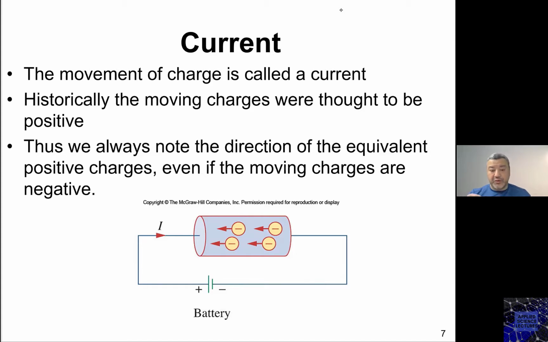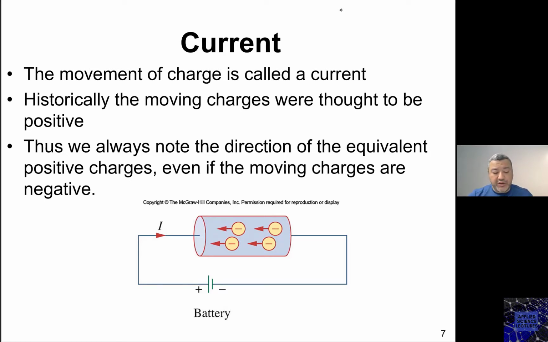You can look at this current and those charges as, for example, a water flow. As long as this water is flowing, then you do have a current. The same analogy applies to the charges. As long as those charges are moving, then you do have a current.